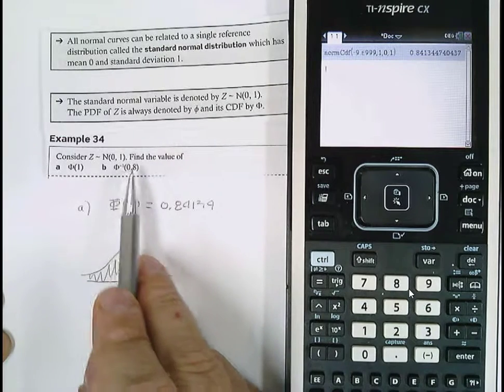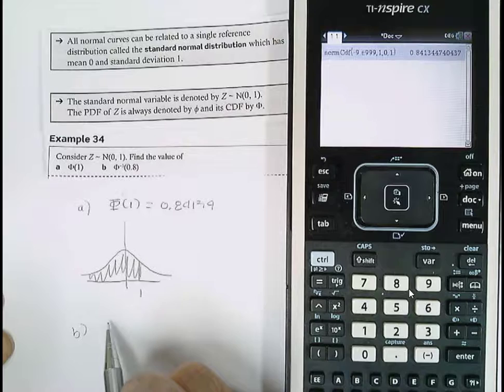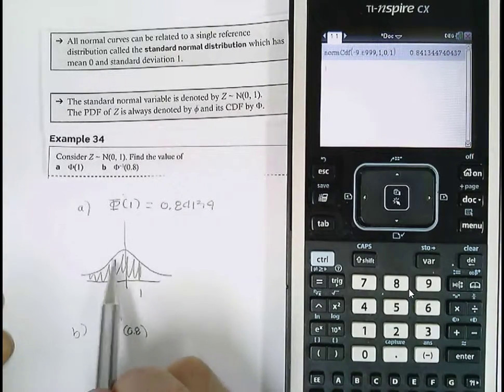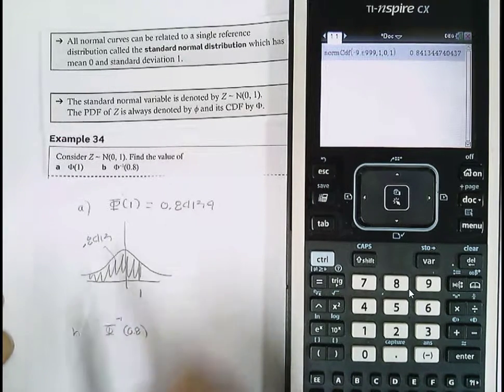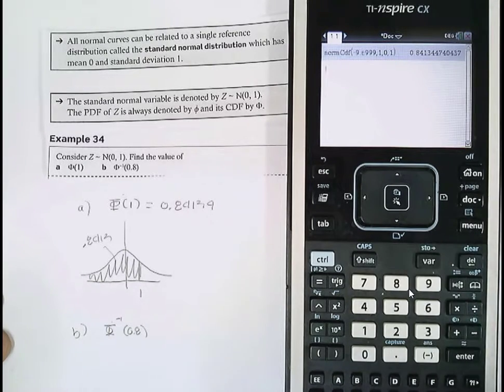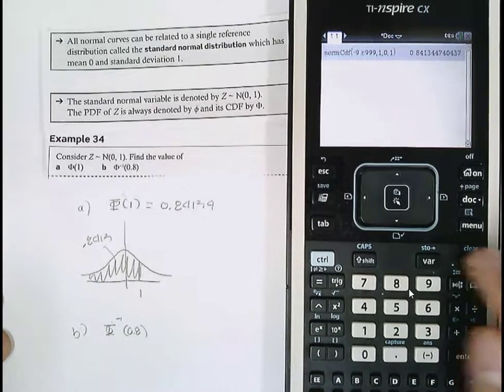Now B asks us for its inverse. So for B, it asks for the CDF inverse of 0.8, which, if you notice, accounts for this area right here. This area right here is 0.8413, and so on. So it should be pretty close to what we have up here. So let's do the inverse.